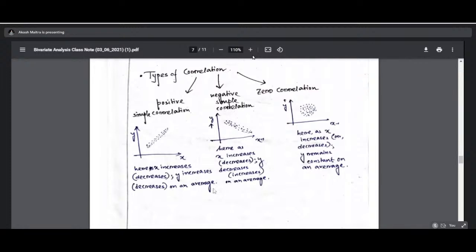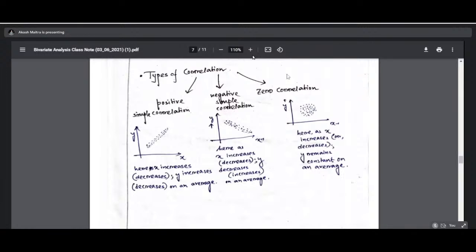If this comes in your examination, you have to write on an average, because it is most important that we are not taking any particular data point, we are considering the data set on an average. Here as x increases, y increases on an average, and simultaneously as x decreases, y will decrease on an average also.